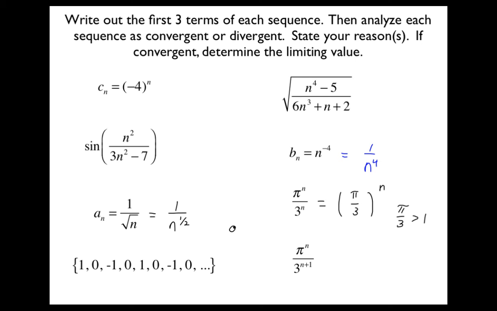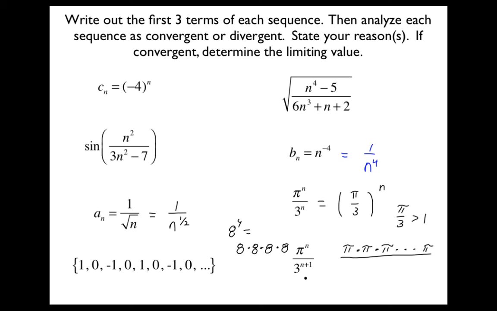What about 8 to the 4th? What does 8 to the 4th mean? 8 multiplied by itself 4 times. You have to imagine this. So therefore, pi to the n is? You're multiplying by pi how many times? N pi's. And then what about 3 to the n plus 1?